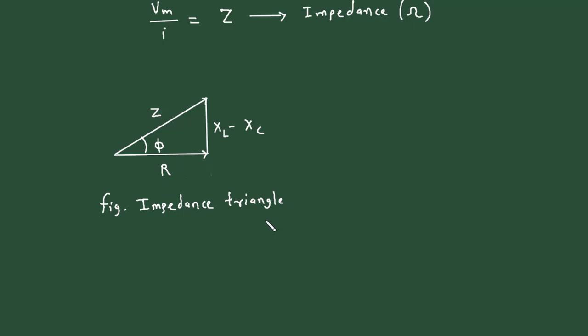Now from this impedance triangle, according to the trigonometric formula, this is the opposite side, this is the adjacent side, A, and this is the hypotenuse, H. So there is a formula for sin phi, cos phi and tan phi.